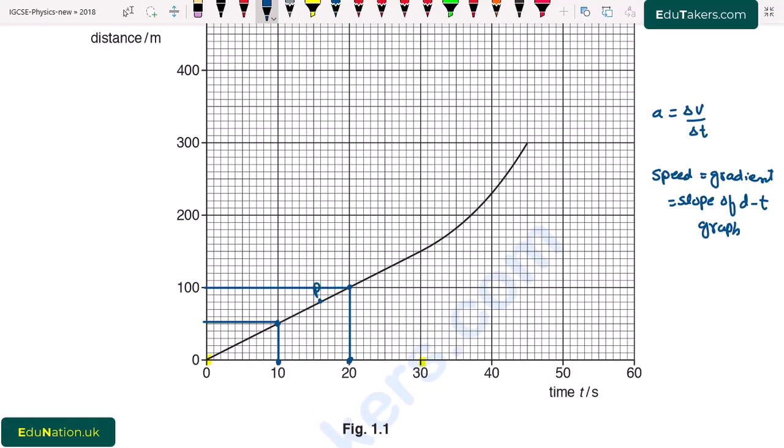so here we can see that when time is equal to 10 seconds, distance is 50 meters, and when time is equal to 20 seconds, distance is 100 meters.